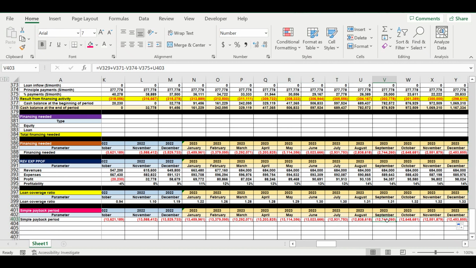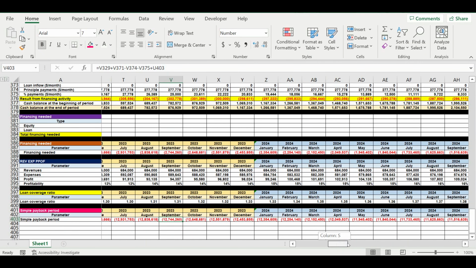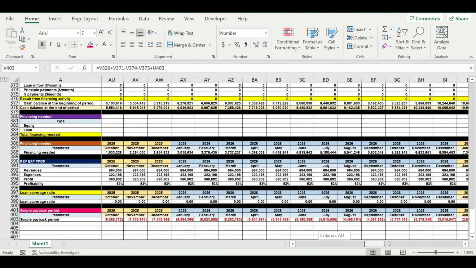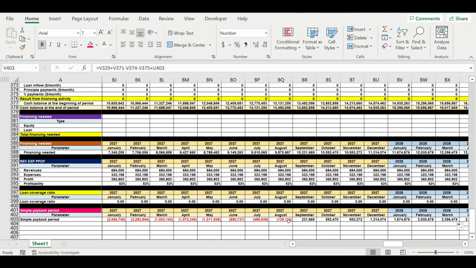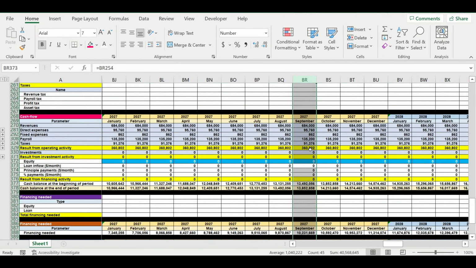So here it is. In September 2027, all the profits that will be gained, this value will be extra from the money that we invested in the project.